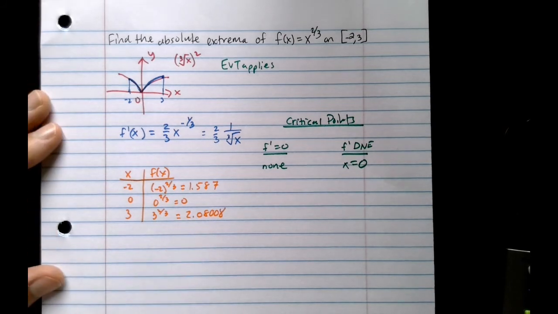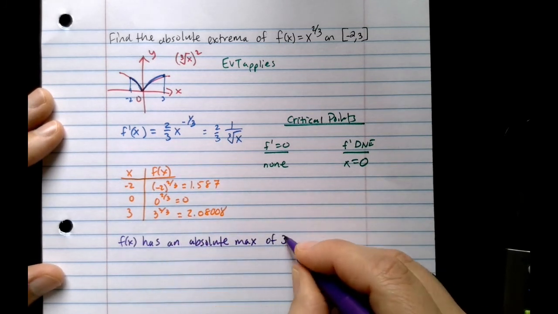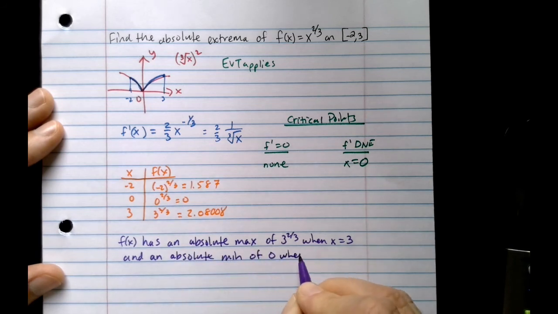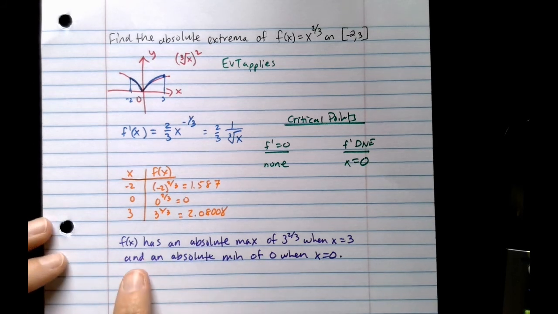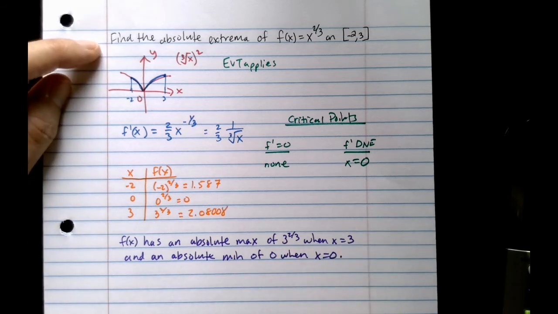Let's write our sentence. So when you write your sentence, you want to say what the function is, what it has, what it is, and when it happens. In this particular problem, it didn't specify if it wanted just the extrema, like when it happened or what it was.